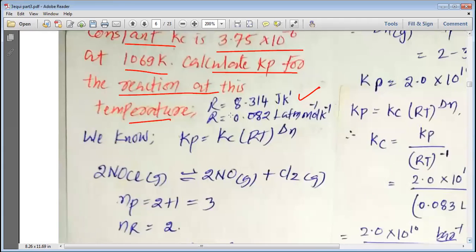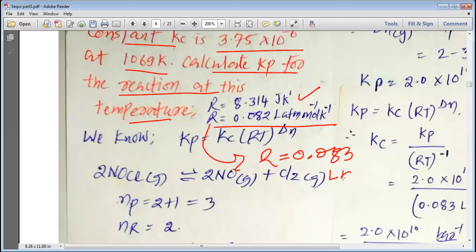R is equal to 8.314 joule per Kelvin per mole. So R is equal to 0.082 liter into atmosphere per mole per Kelvin, which we can simply write as R is equal to 0.083 liter into bar per mole per Kelvin. So this is what we are going to use.